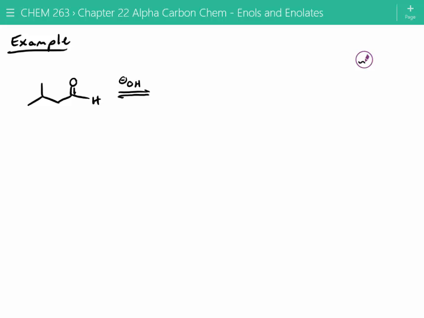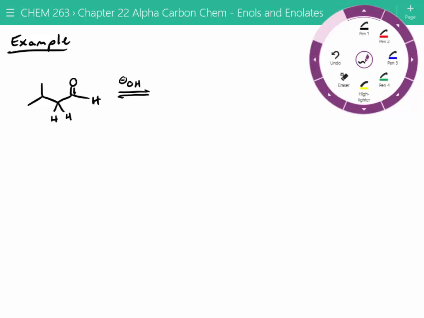I'll show you guys one pet peeve of mine that I see pretty often in exams. Students will say, oh, there's a hydrogen right there. Is that acceptable? No, aldehydes are not acidic, not at all, compared to the alpha position. Well, it's a good thing we're doing it now and getting it out of the way so it doesn't go on an exam.